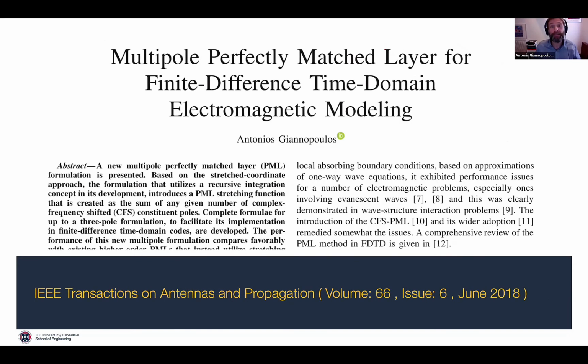Or recently, the multipole perfectly matched layer, which will allow you to do a linear combination of stretching functions, which we'll find is actually easier to optimize. It's very new. This is only 2018. Actually, the paper came out in 2019, I think, in print. And we'll find that this actually performs really well. But if you really want to find more information on how they work, please read the papers. There's no time to do that here.